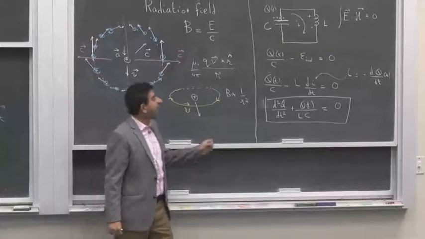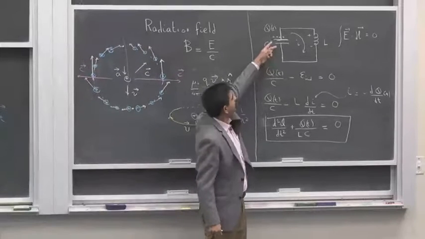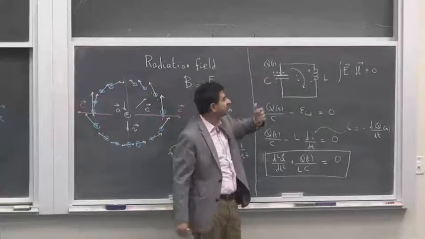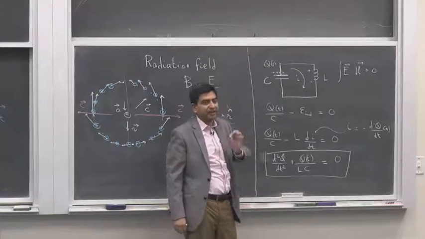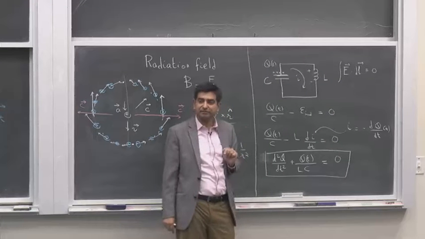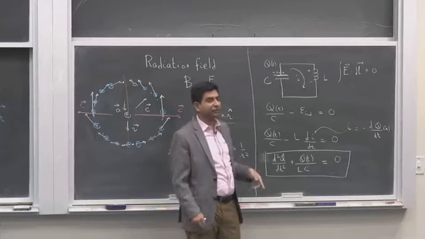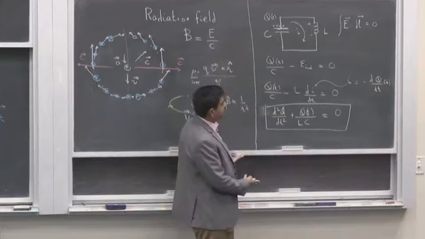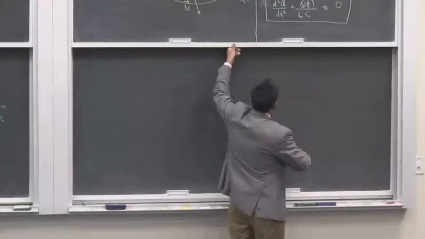This shows how charge is being depleted from this capacitor, how this charge is depositing on this capacitor. It shows the behavior of charge in this capacitor, because Q is the charge in the capacitor. So if I solve this equation, I can see what this behavior is. This is a second order differential equation. You've already seen equations of this kind.